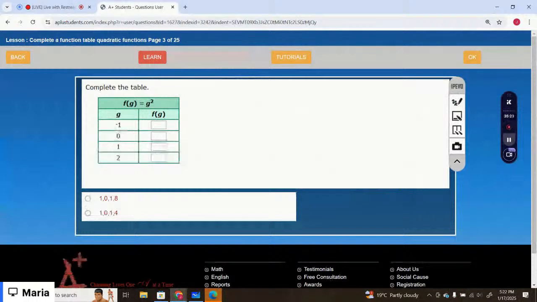Complete the table. Option number 2 is the correct option.